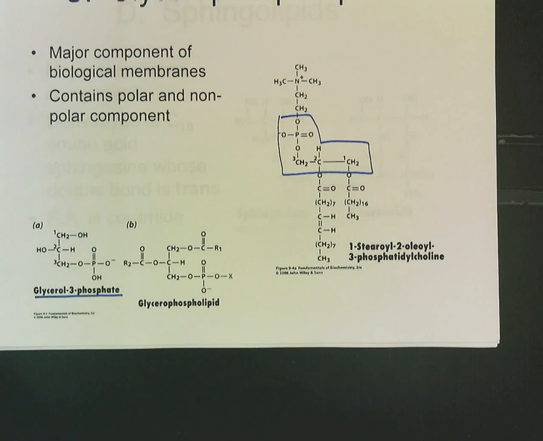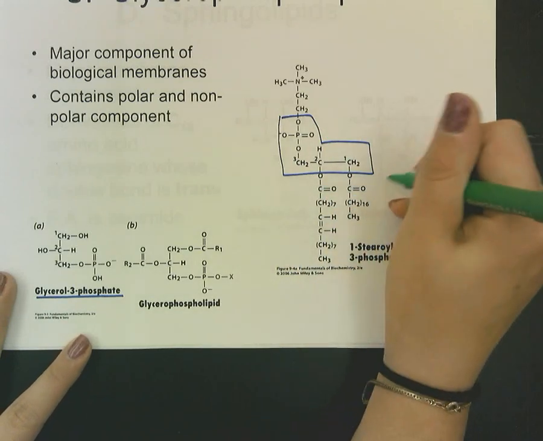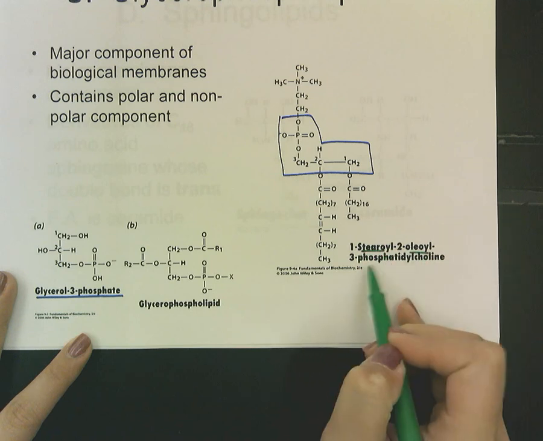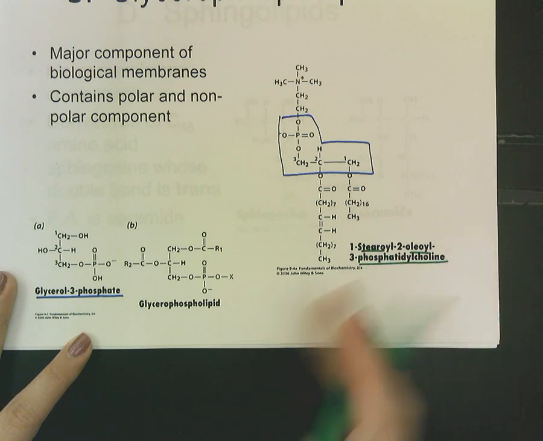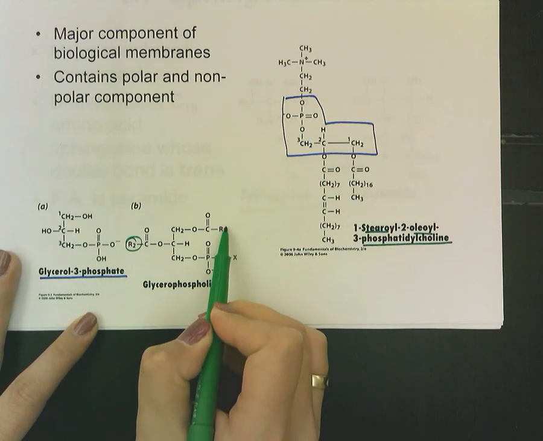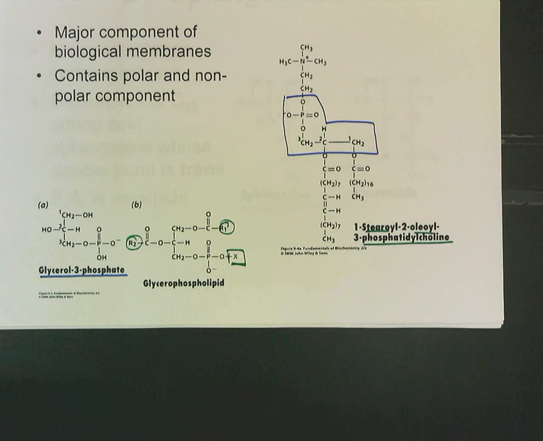And then it contains 3 fatty acids. One of which, I guess we're showing them down here. One's here, sterol, phosphatidylcholine. So 1, 2, and then there's this X group.